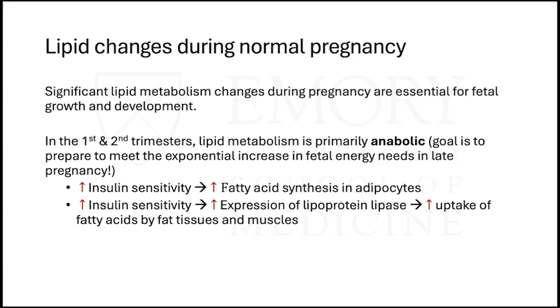This increase in insulin sensitivity also leads to an increased expression of lipoprotein lipase, which I'll review in a little bit for those of you who haven't thought about lipid metabolism in a while. The increased expression of lipoprotein lipase then leads to an increased uptake of fatty acids by fat tissues and muscles.